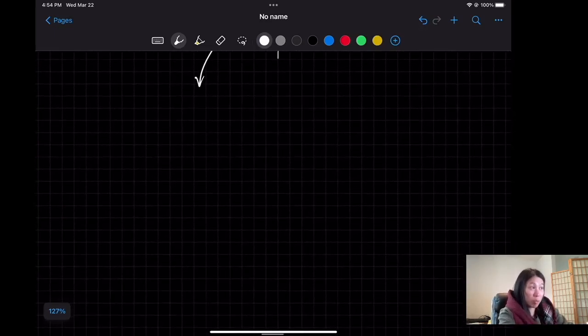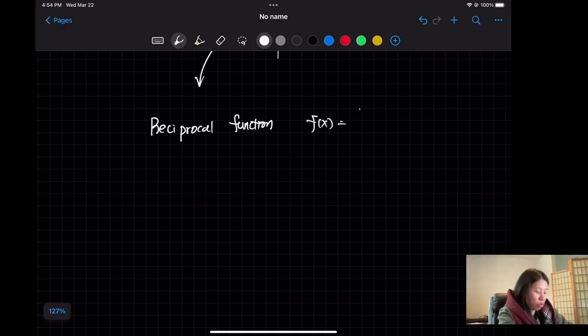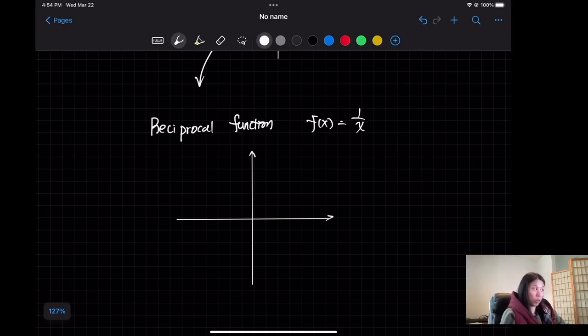Another one is the reciprocal function, which is f(x) equals 1 over x. So the function is going to look like this one.